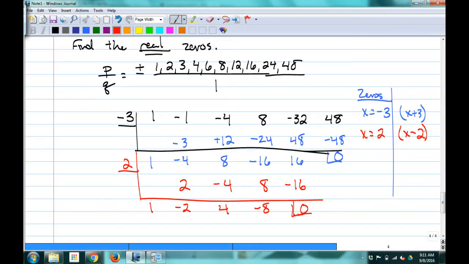Okay. But we saw on the graph that it bounced off the x-axis. So that tells us that this particular 0 has a multiplicity that's even. So we're going to run the 2 again into this quotient because we know it counts more than once. The odd multiplicity is hard to figure out. But when you see it bouncing off the x-axis, it's obvious you need to run that again in synthetic.